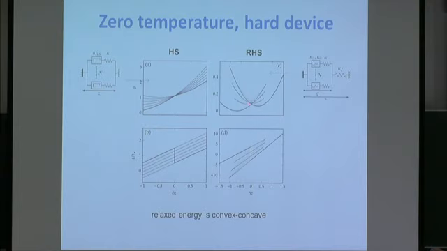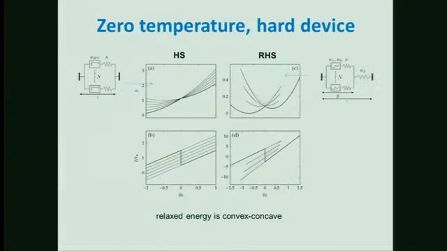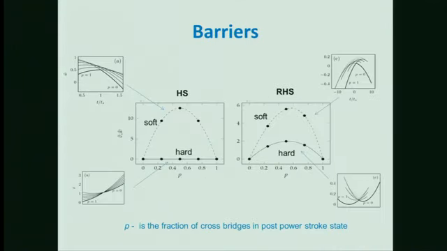It also happens in a brutal way here. So since it happens in a brutal way, there is a barrier. Although the energy of the initial and the final state are the same, we want to assess the barrier for, say, the AHS model and the RHS model in a hard device and in a soft device. And that's what this picture shows.